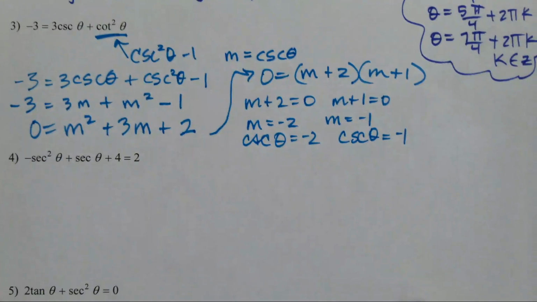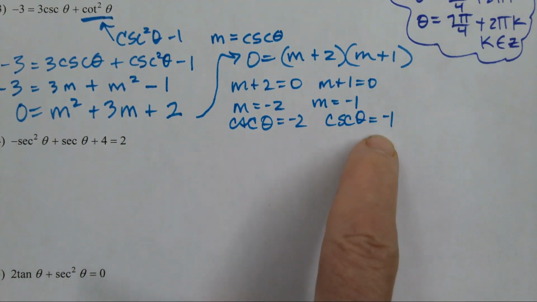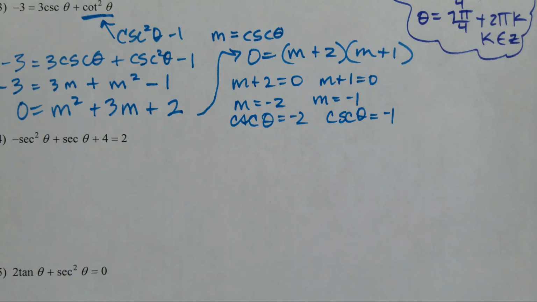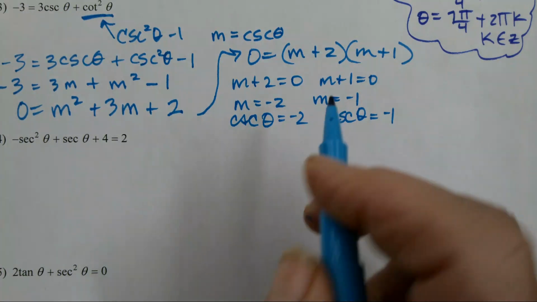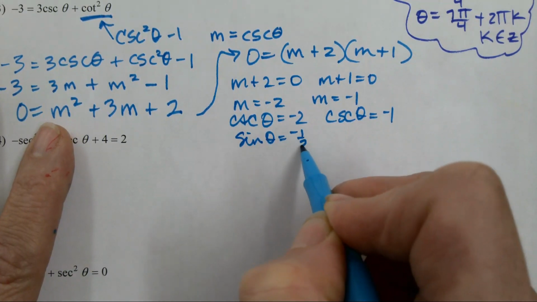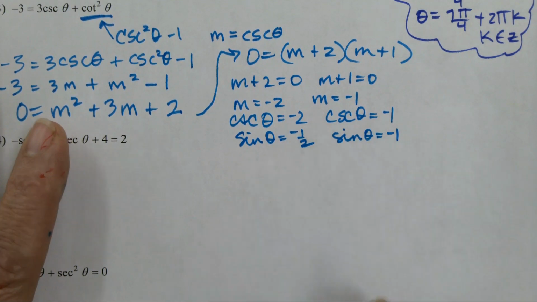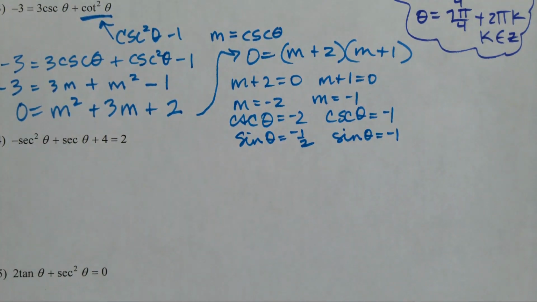And so now I'm down to a very basic equation. Cosecant is associated with which trig function? Sine. So really we're looking here for when is the sine -1/2 and when is the sine -1, because the reciprocal of -1 is just -1.